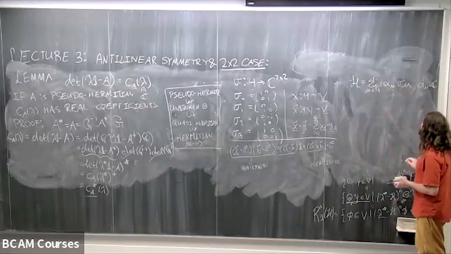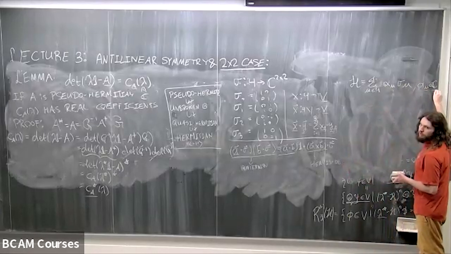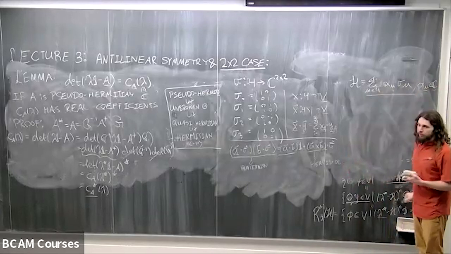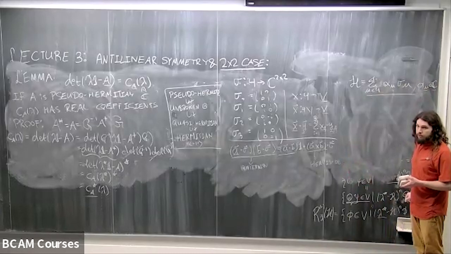If I want to be really precise, because these scalars are complex numbers rather than real numbers, this thing you should understand is a biquaternion rather than just a quaternion. The quaternions are a four-dimensional real algebra. The biquaternions are the four-dimensional complex algebra.